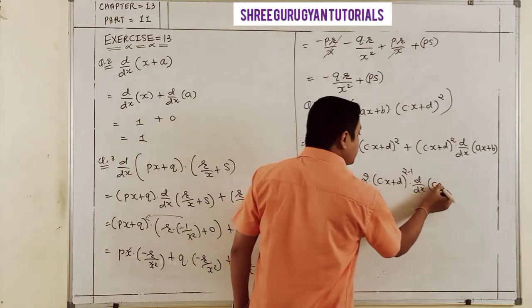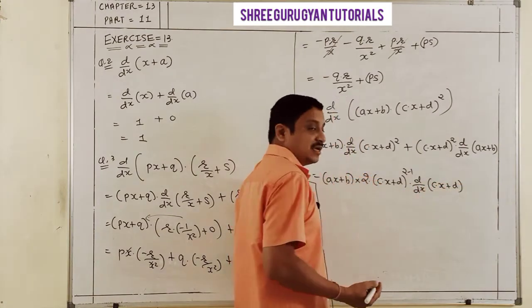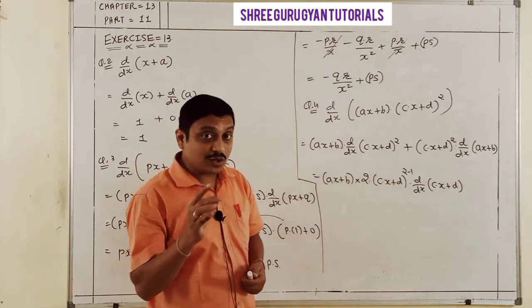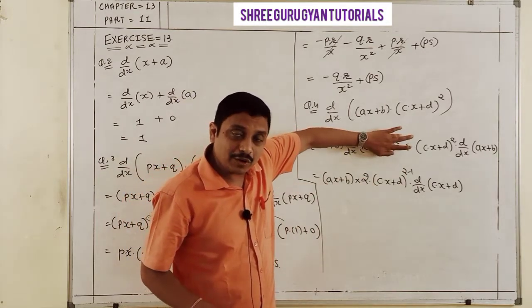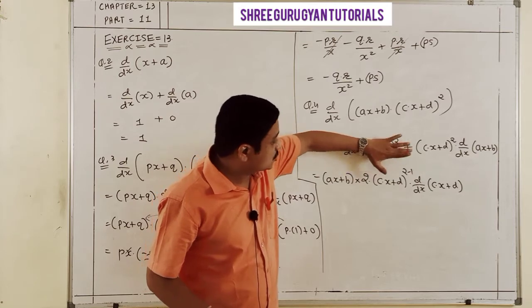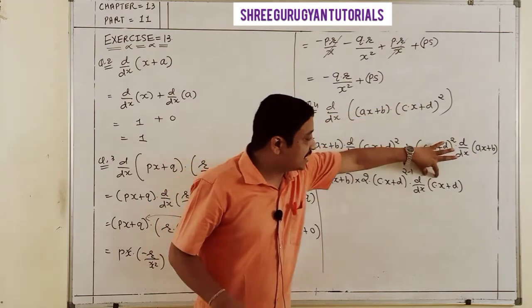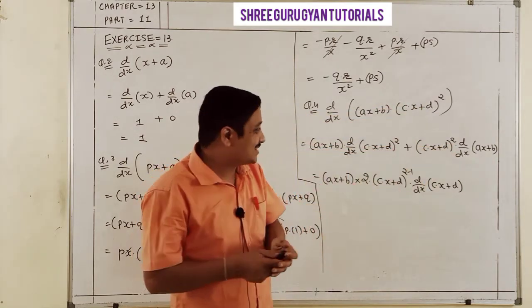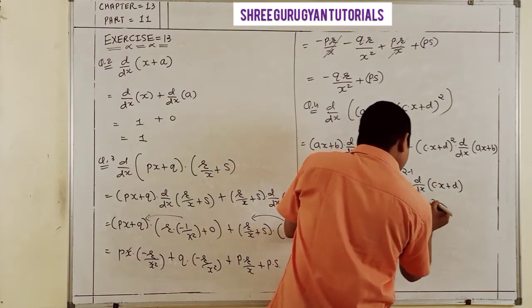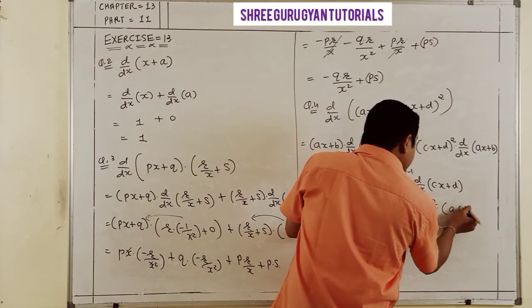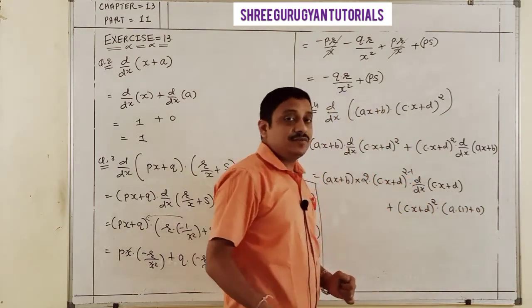Which derivative? Of cx + d. Again repeat, this is a chain rule, not a multiplicative rule. Consider this as x power 2. So 2x raised to 2 minus 1, and the derivative of cx + d as same, plus next one (cx + d) square. Here the derivative of ax is 1 and the derivative of b is 0.